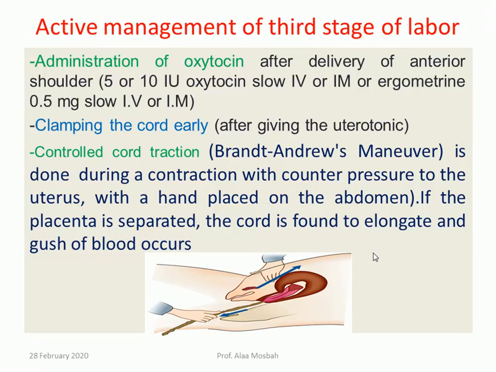Clamping of the cord early after giving the uterotonic, then controlled cord traction, what is called the Brandt-Andrews maneuver. As you see in this picture, we do gentle cord traction during uterine contraction, and at the same time the other hand pushes the body of the uterus and fundus upwards. Okay, this is called controlled cord traction.